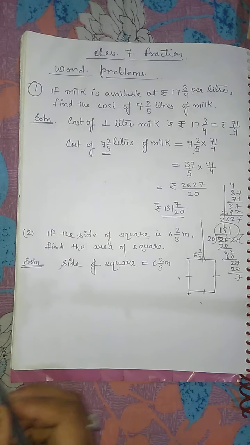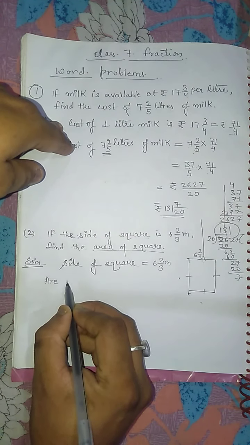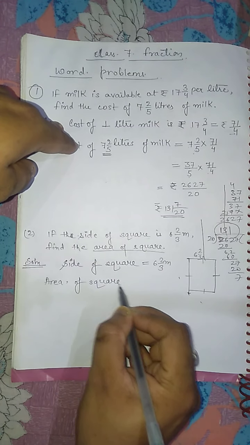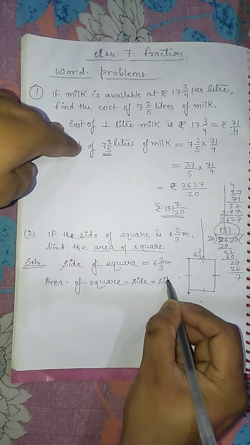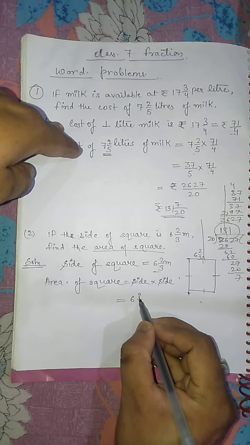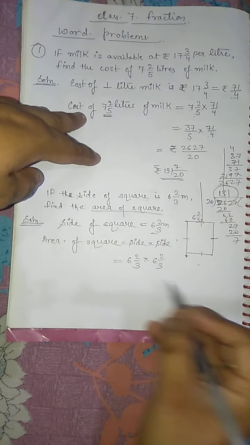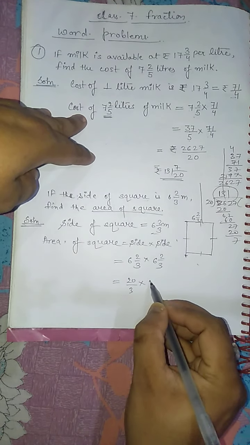Okay. Now you have to find what? Area of square. Formula of area of square is side into side. So how much is the side of the square? 6 whole 2 upon 3 multiplied by 6 whole 2 upon 3. Change it in improper fraction. Here comes 20 by 3 into 20 by 3.